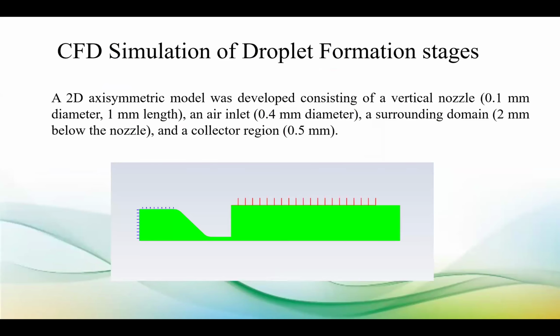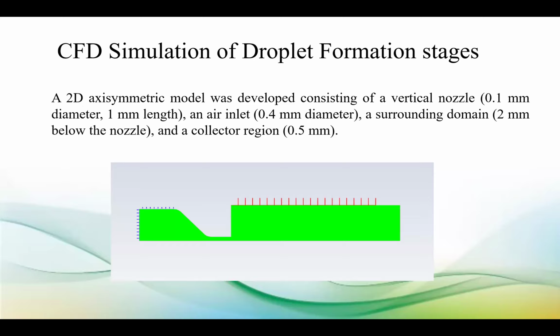Now we just started with the CFD simulation of this WAM process, and this shows a domain that we are working with. It is a 2D system. It's showing a vertical nozzle, with 1.1 mm diameter and 1 mm length only.